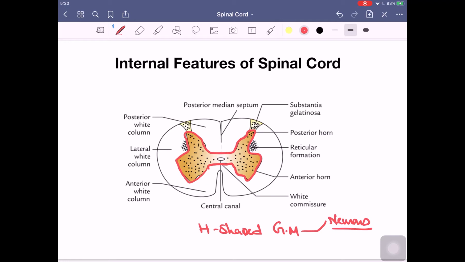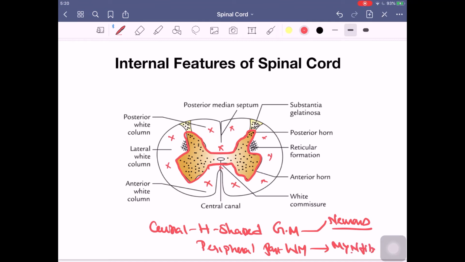So neurons are present in this central part, whereas the peripheral part is white matter. Wherever I am putting this cross mark, the entire thing is white matter. When we say white matter, we mean mainly myelinated nerve fibers.